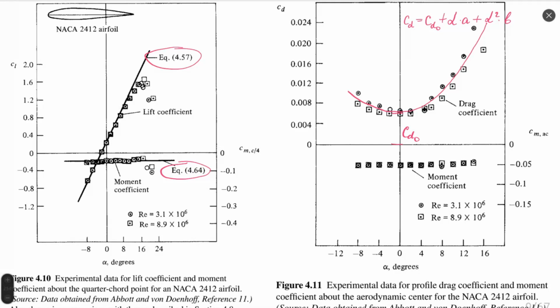How many points do you need to know? As many as possible. For example, if you know just 3 points, the initial point, the final point, and a point in the middle, you can try to approximate with the function I wrote here. 3 points, 3 unknown coefficients: CD0, A, and B. To find these 3 coefficients you need 3 points.